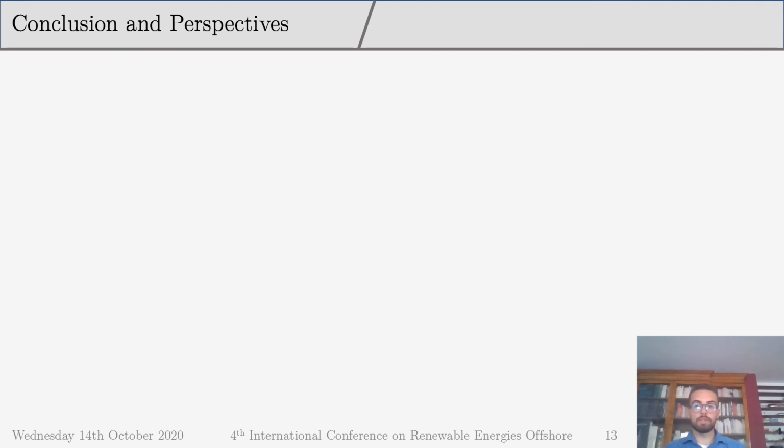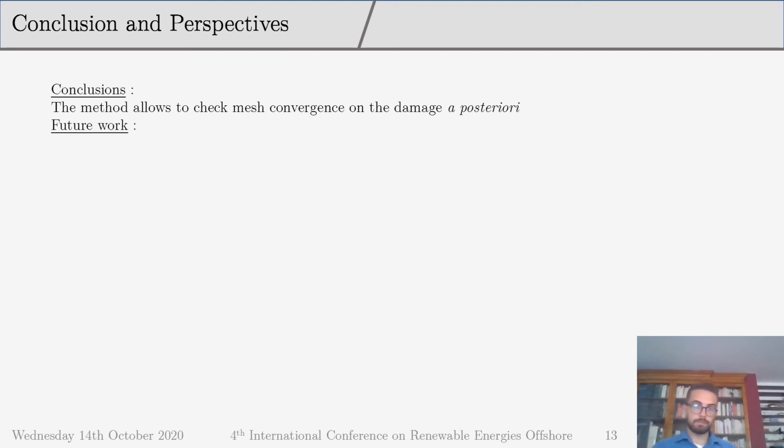About the conclusion of this work, this method allows us to check mesh convergence on the damage a posteriori. Future work will be on multiple sea states in order to get the full extent of the damage over the full deployment of the structure.